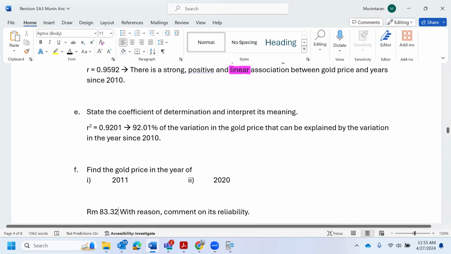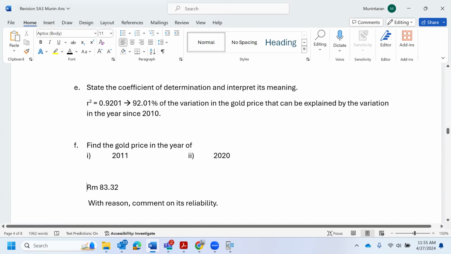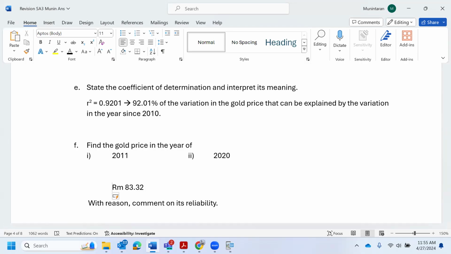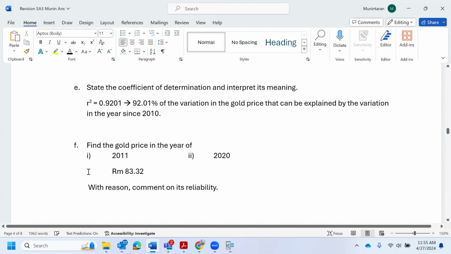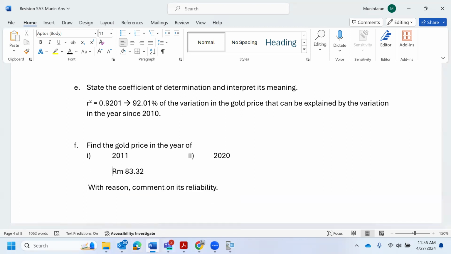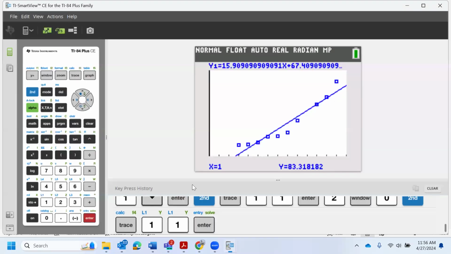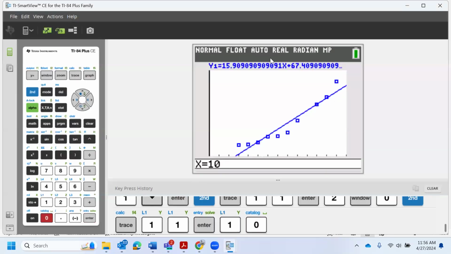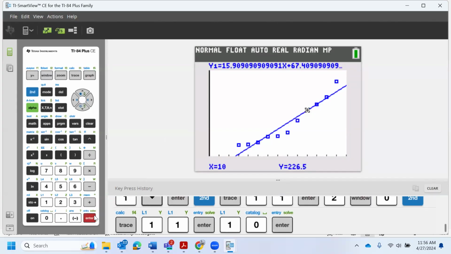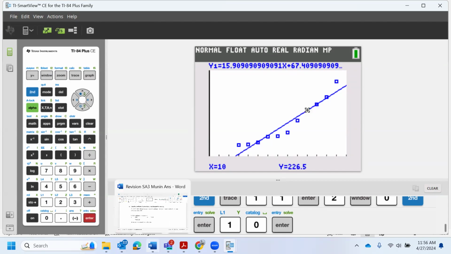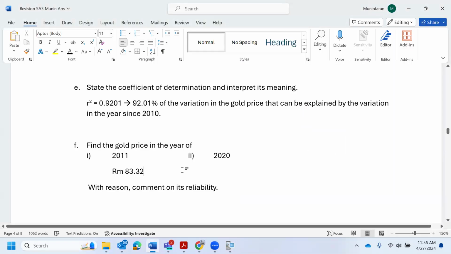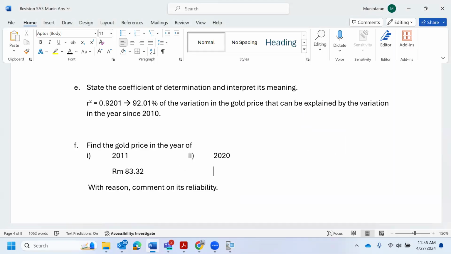Okay, this is in the year 2011, and for 2020 would be 10, right? 2020 will be 10. You actually can just key in another 10. I don't need to do second calculate one more time, and then enter. It is quite nice, 226.5. Okay, you have price is RM226.50.